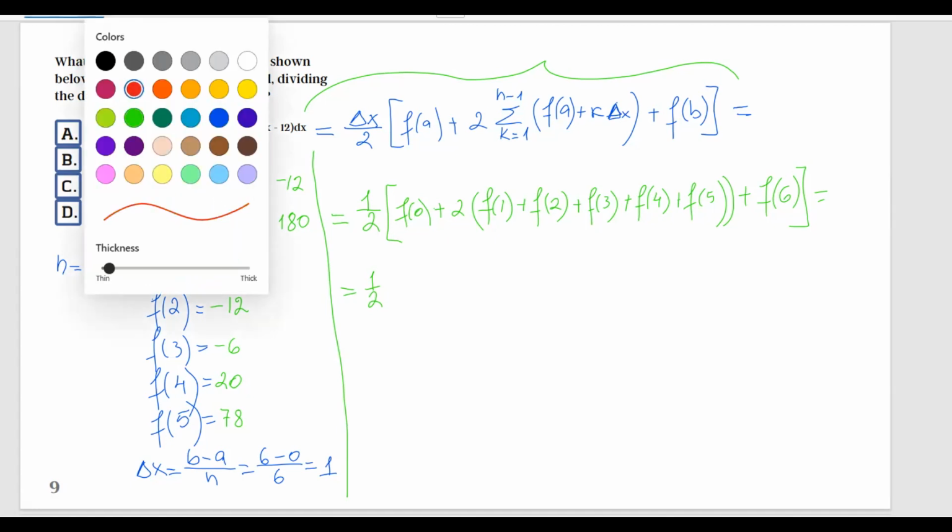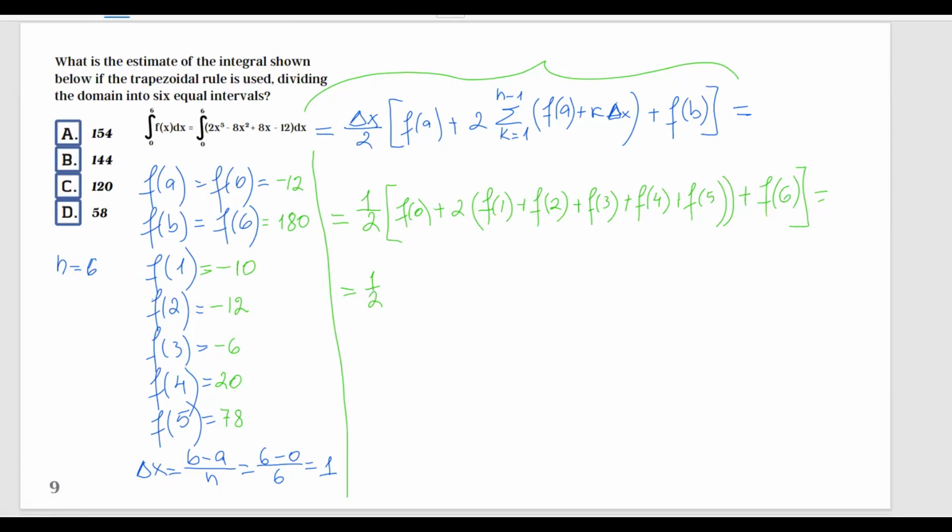So now we have 1 over 2 multiplied by, and let's substitute. f of 0 is minus 12 plus 2, and then we'll open the parentheses. f of 1 is minus 10, f of 2 minus 12, f of 3 is minus 6, f of 4 plus 20, f of 5 plus 78, close the parentheses, plus f of 6, which is 180, close the parentheses. And now let's just do the math.